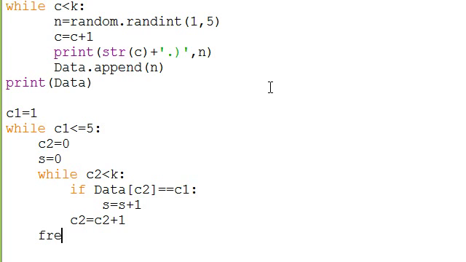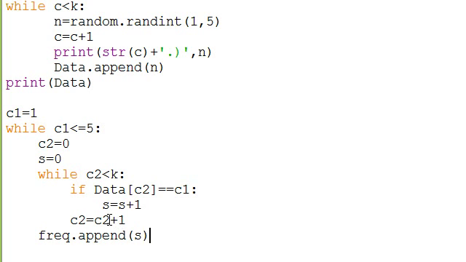Now, frequency dot, this method here, list method. Once we do that, this is going to loop through and count, looking for all the 1s and then all the 2s and then all the 3s. Let's say it looks through all the 1s.